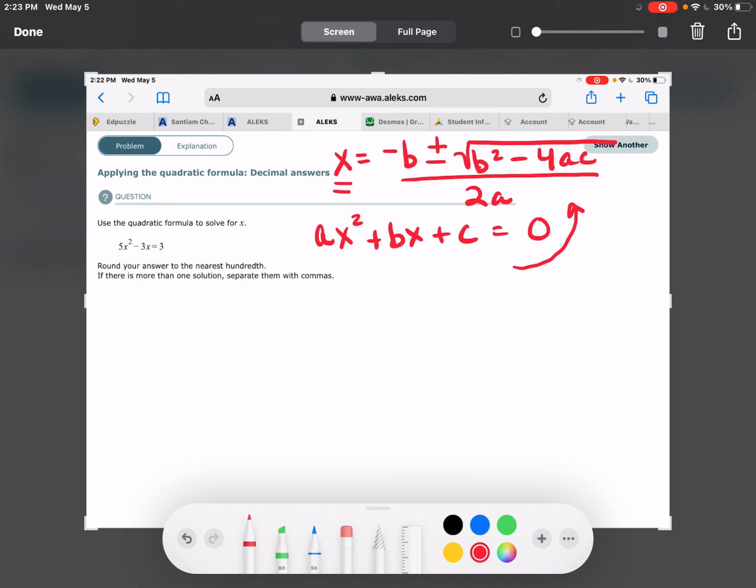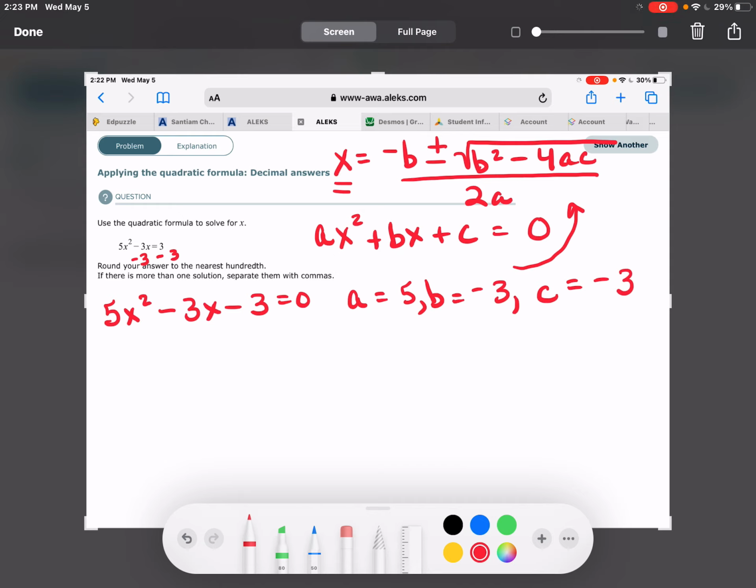All right, if I have 5x squared minus 3x equals 3, the problem with that is it doesn't equal 0. So I'm going to go ahead and subtract 3 from both sides and get this: 5x squared minus 3x minus 3 equals 0. So now I know that a equals 5, b equals negative 3, and c also equals negative 3.